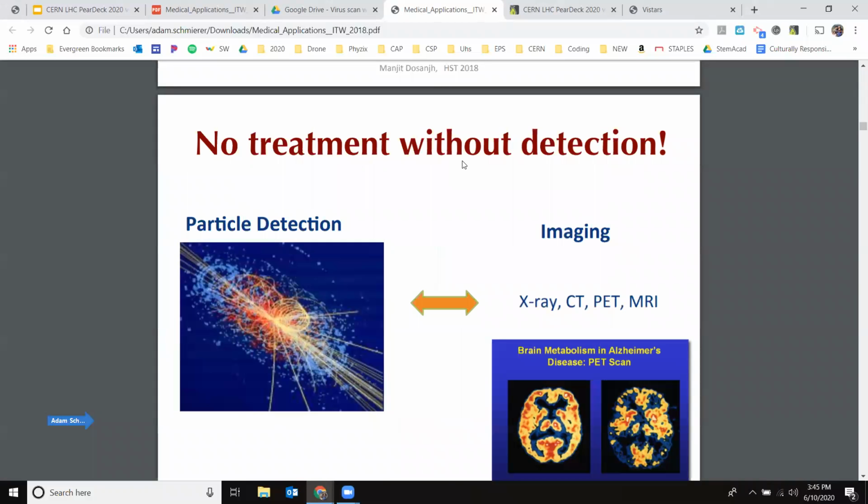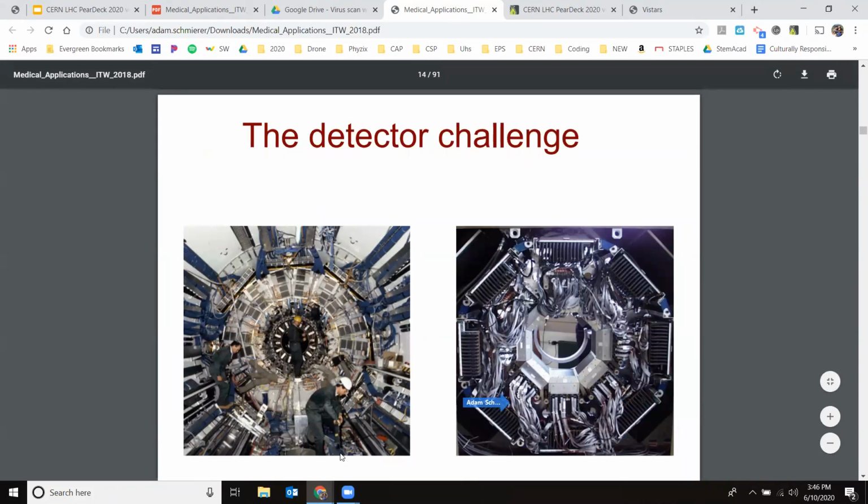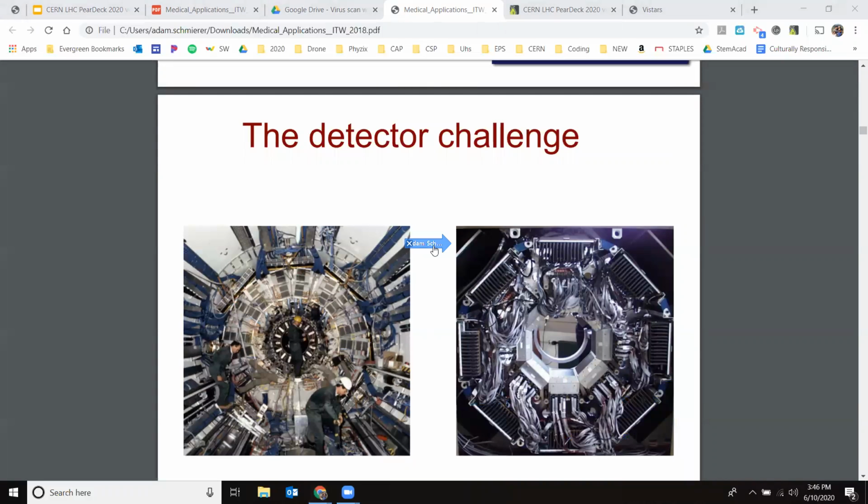She's awesome, right? So you have two things. One is you have to detect it, okay? So at CERN, they're all about particle detection. Well, imaging is the exact same thing. It's particle detection. We're going to show you what a PET scan is, okay? So here's a detector on the left side at CERN. Here's a detector on the right side inside an MRI machine, or this is actually a PET scan, okay?